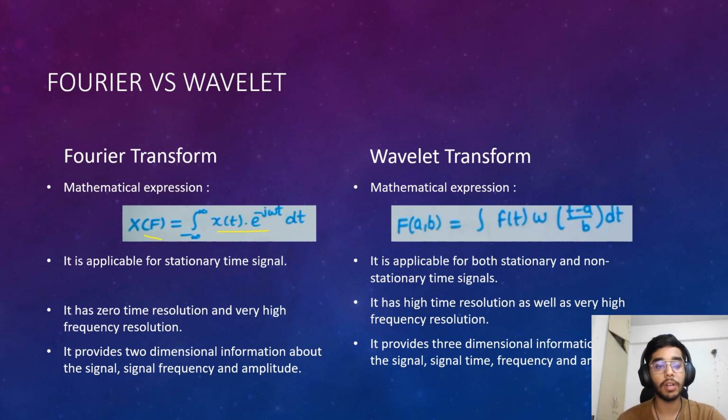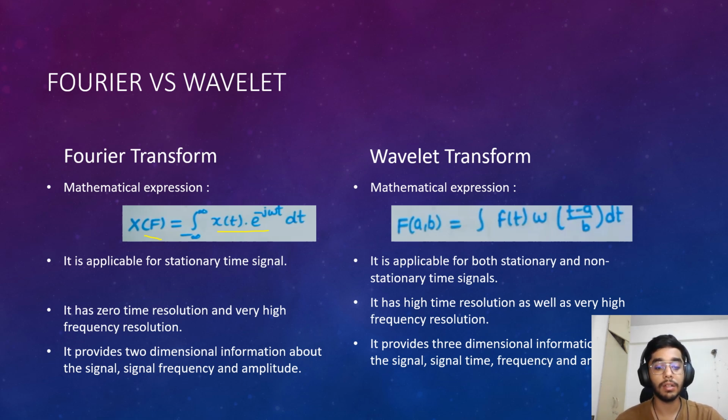Now we are going to look at the difference between Fourier transform and wavelet transform. First of all, we can look at the mathematical expression of both the transforms. We see the similarities in these expressions as well. For example, in both the transforms, the input signal is being multiplied to a term consisting of the frequency of the signal.